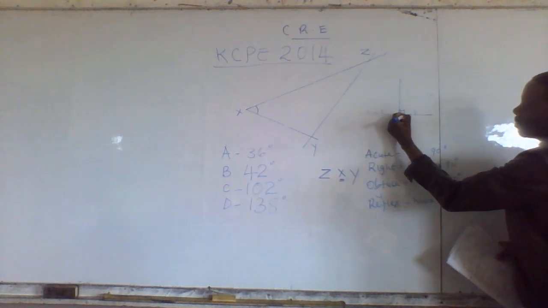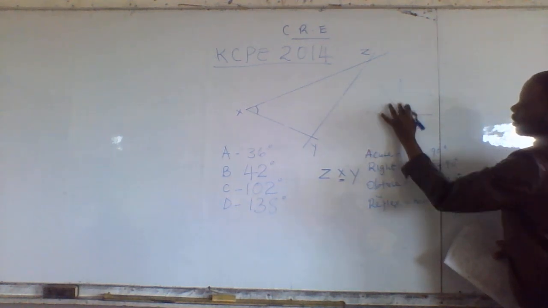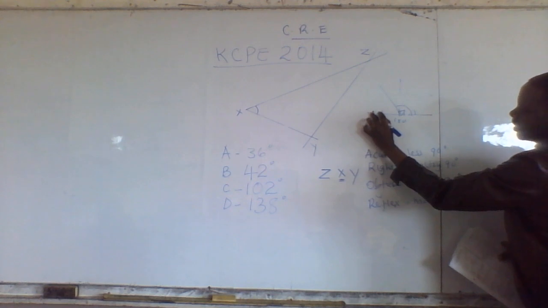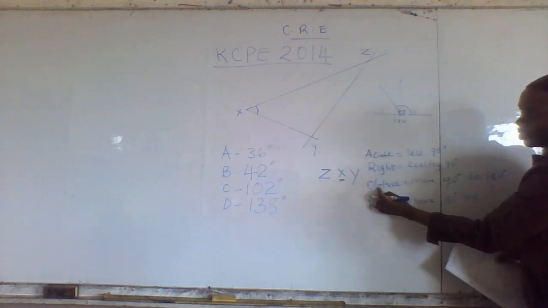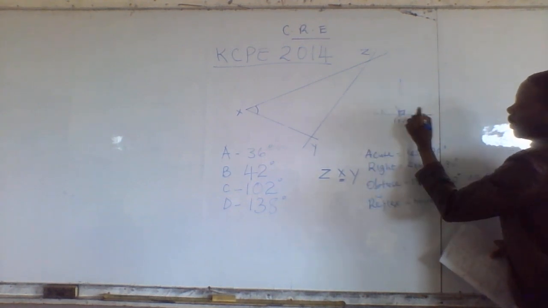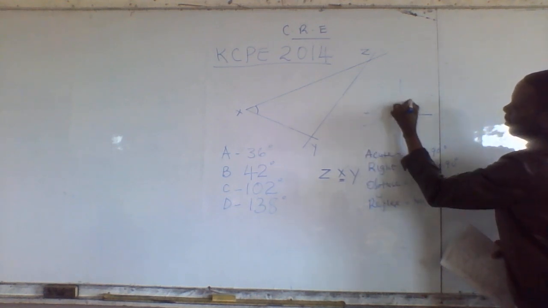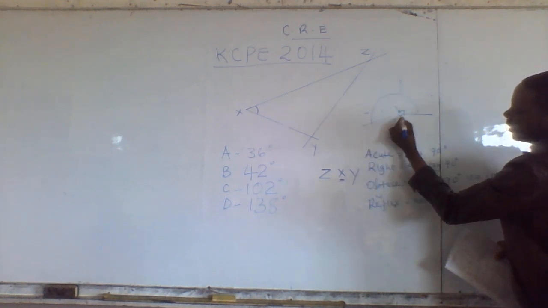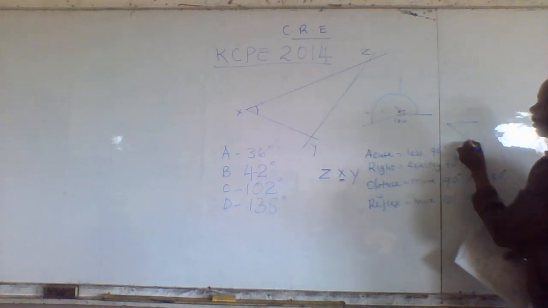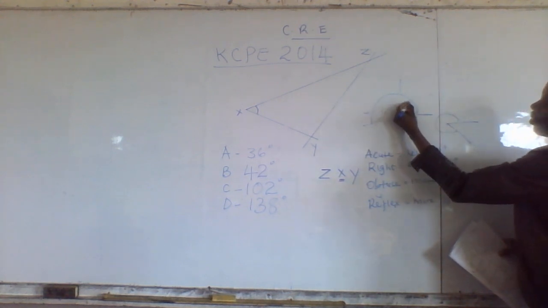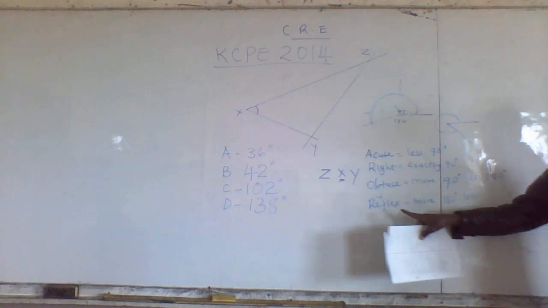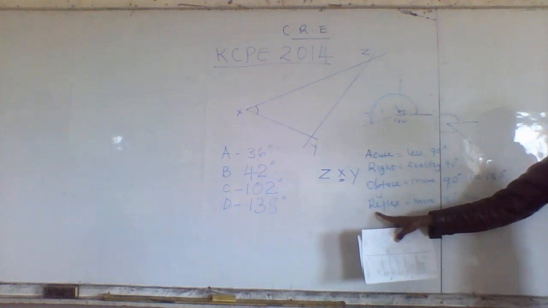More than 90, like this one which has passed 90 but is less than 180, is called obtuse. When it reaches 180, which is a straight line, and goes beyond 180, we call it a reflex angle.